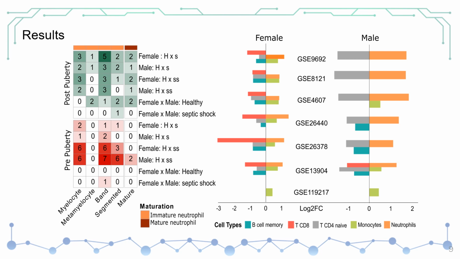We also found that segmented neutrophils were more induced only in male with septic shock, and then they decreased with age. We also found some other cell types induced only in female. On the right we have a bar graph, and the green bar shows the number of monocytes, and we have monocytes and also CD8 induced in the female group.